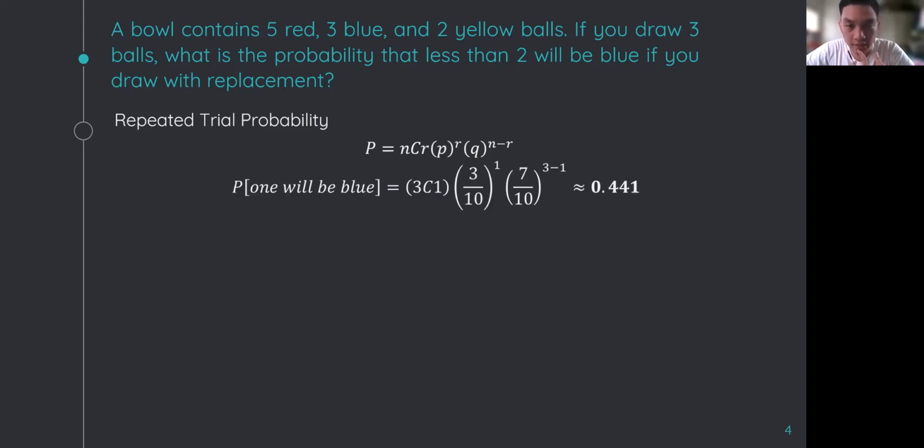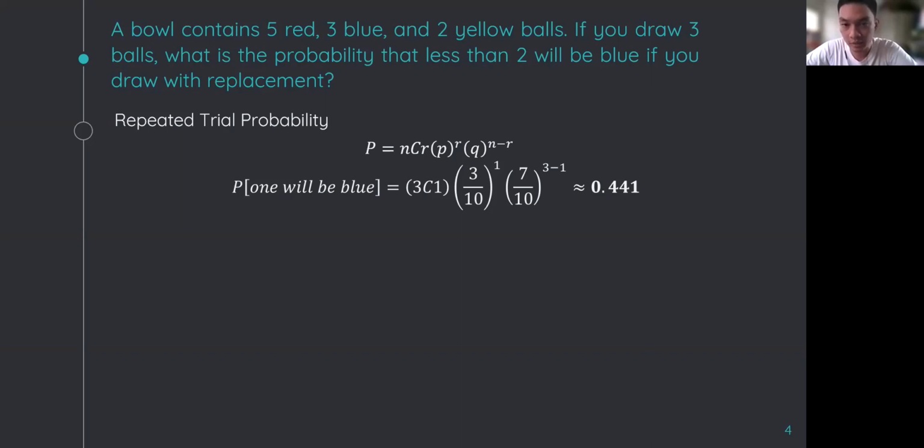So n here is the total number of trials, which is 3. Then r is the desired outcome, or 1, because we need only 1 blue ball in the selection. Then p here is the probability of success, which is 3/10, because there are 3 blue balls.